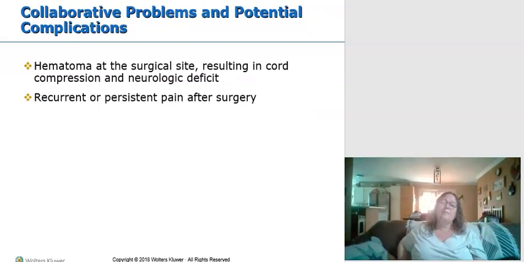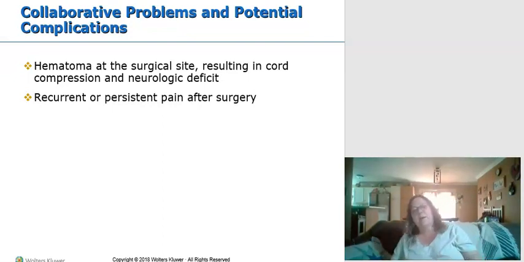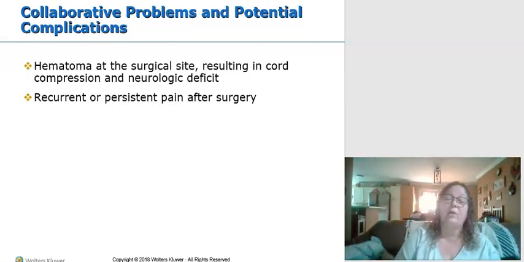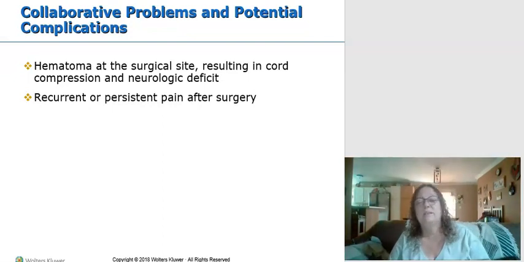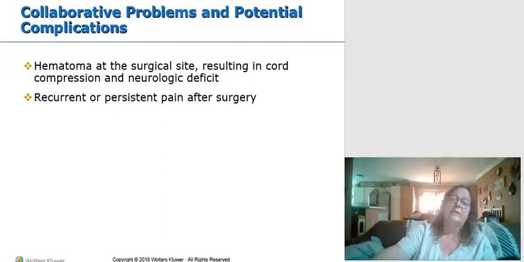Potential problems and complications with these spinal cord surgeries can include a hematoma at the surgical site. This can result in cord compression and neurologic deficit distal to that. So we want to monitor carefully for those and report them to the provider.